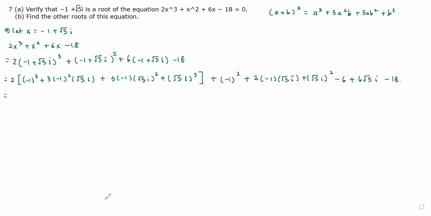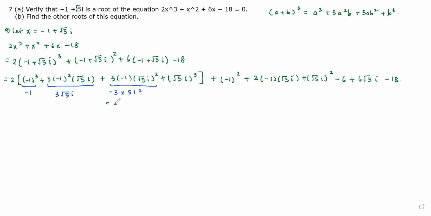Now let's look at this expression here in the bracket. This is -1. This part, -1 squared is just 1, is 3 square root 5i. This part is -3 times 5i squared.